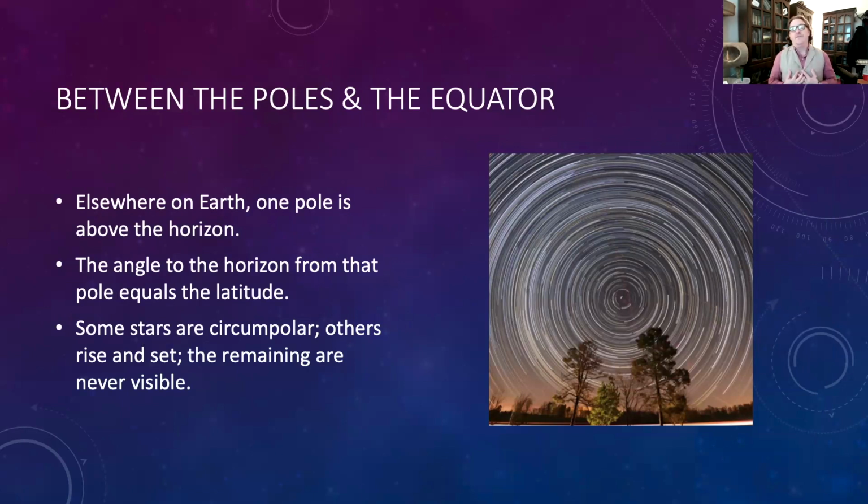So here in Fairfax, we're roughly around 39 degrees latitude. If I were to go outside and measure the altitude of Polaris, it would be roughly 39 degrees.